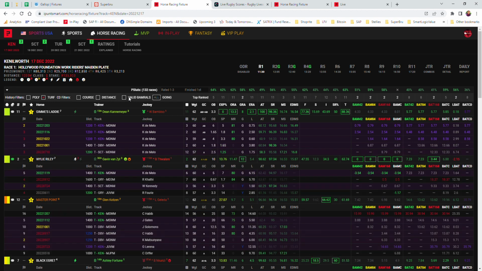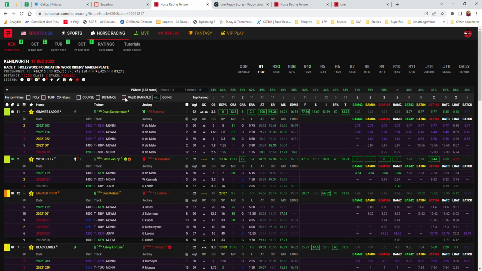Valid bomb rolls simply means everything within the distance category range of today's distance. Normally about, depending on the distance, between 151 meters and 251 meters from the distance today. And when you go up to the 2,800, 3,200, then the range changes to 401 meters.